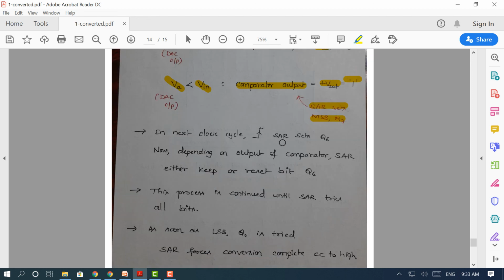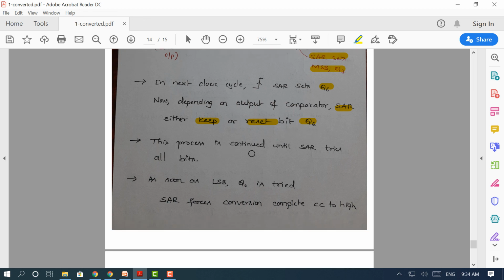In the next clock cycle, the SAR will set Q6. Already we have tested Q7. Next it will proceed with Q6. Depending on the output of the comparator, the SAR either keeps or resets bit Q6. This process will continue until the SAR tries all the bits from Q7 to Q0.